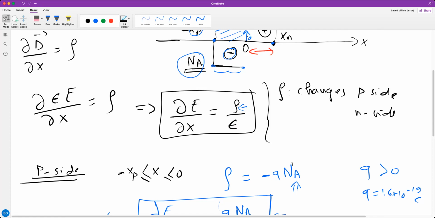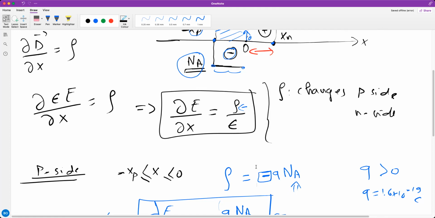Who can tell me why there is a negative sign here? I'm not asking about the minus xp, I'm talking about why I put a negative sign in the charge density.